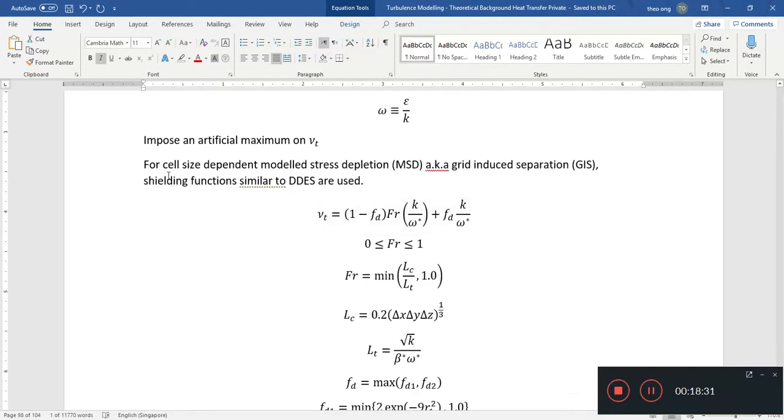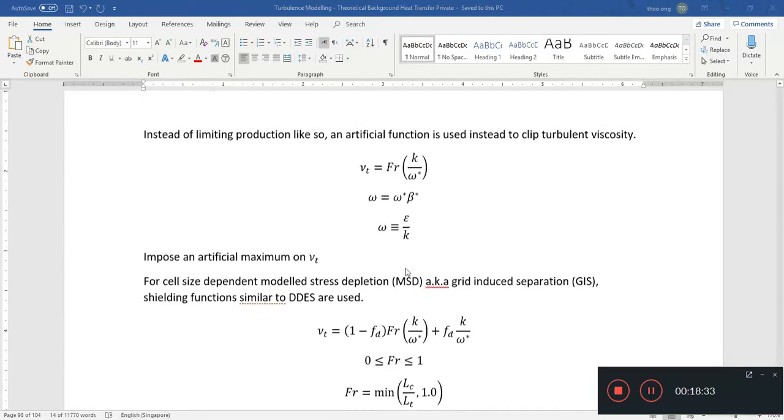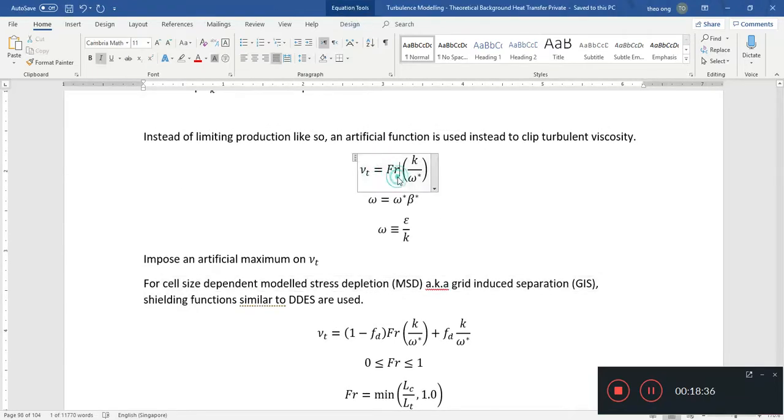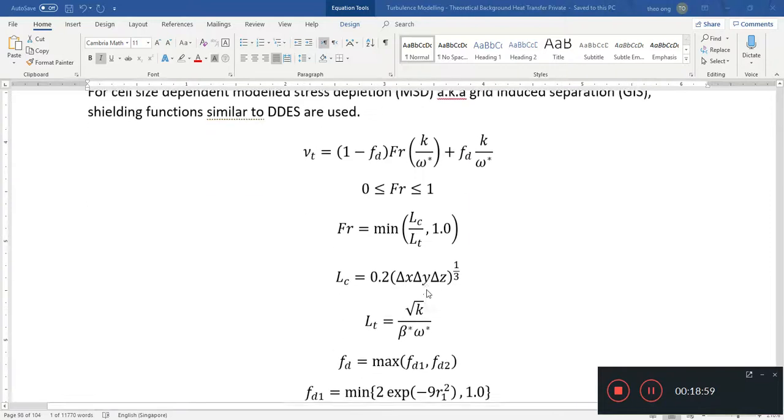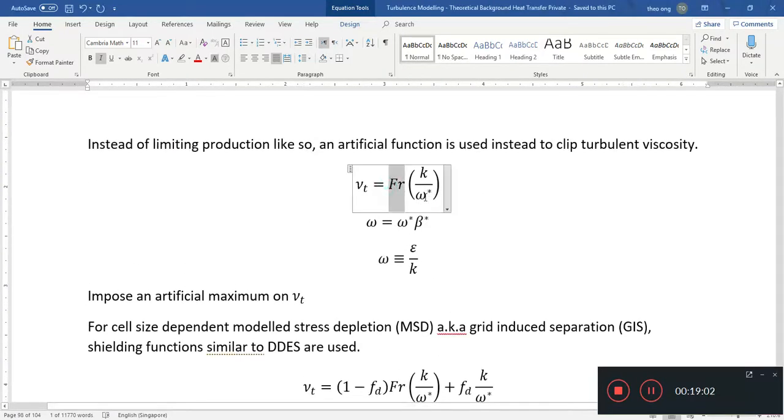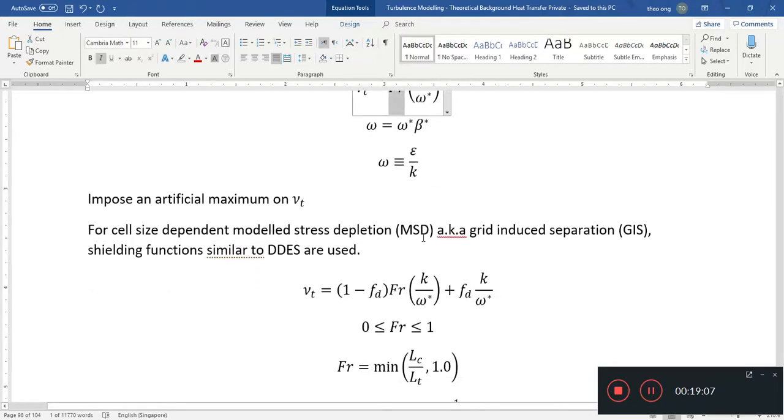To cap the turbulence, especially in the near wall regions, we have this f_r function. It has this artificial turbulence cap from 0 to 1, and this turbulence viscosity in the near wall region is then blended with the turbulence viscosity in your LES region.